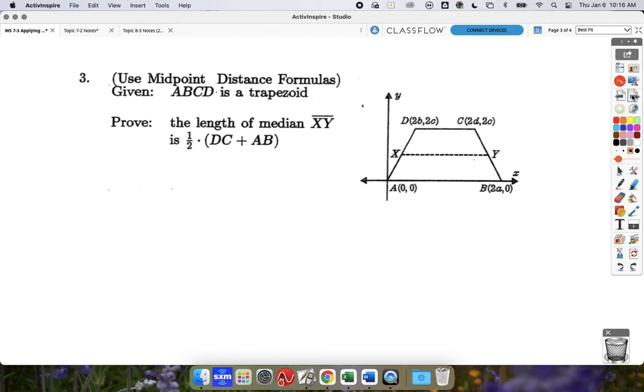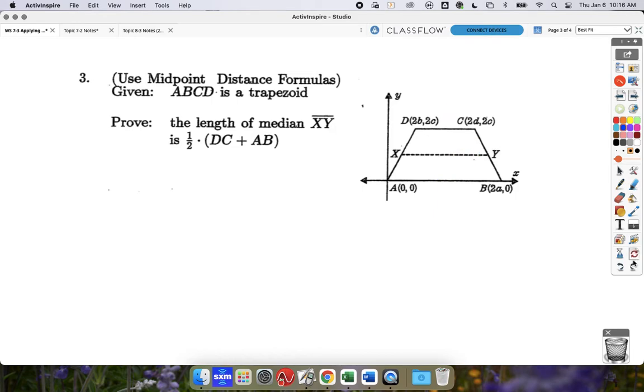When we did this in the past, it looked like this. Top plus bottom divided by 2. What's top plus bottom divided by 2? So we did it like that.